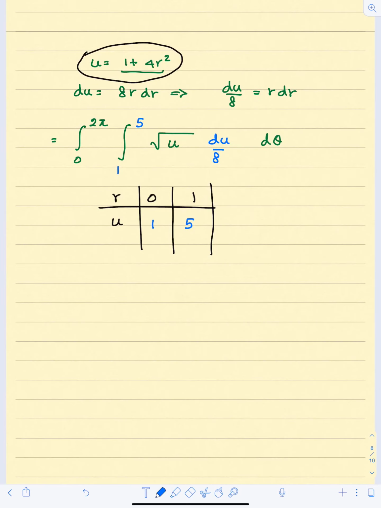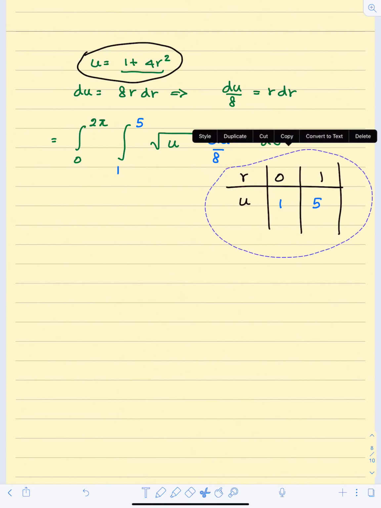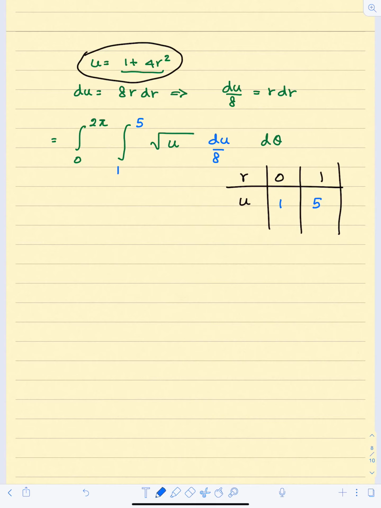Okay, so let's solve this integral. We have the integral from 0 to 2 pi. If you want, you can pull out this 1 over 8 term. It's a constant.